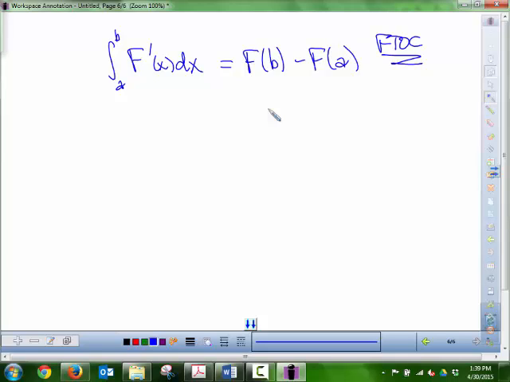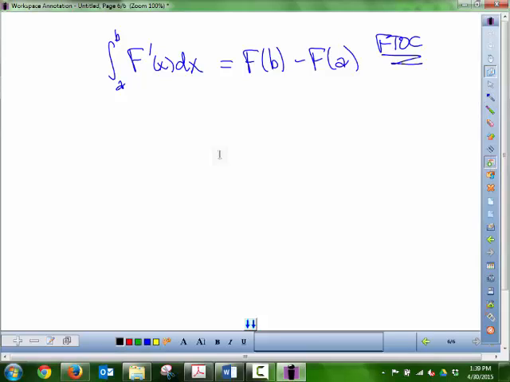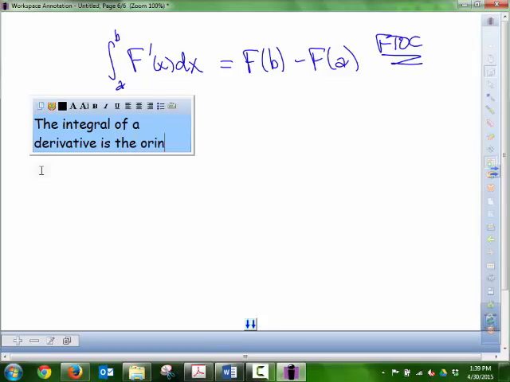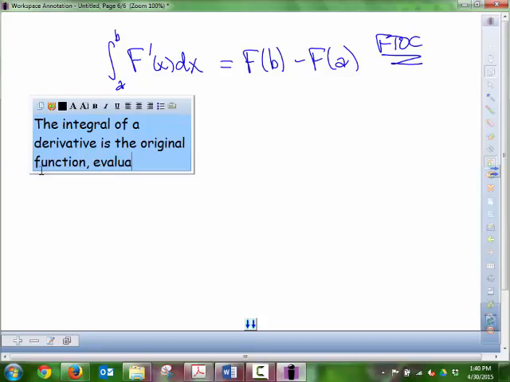Okay? The integral of a derivative is the original function evaluated at the endpoints.